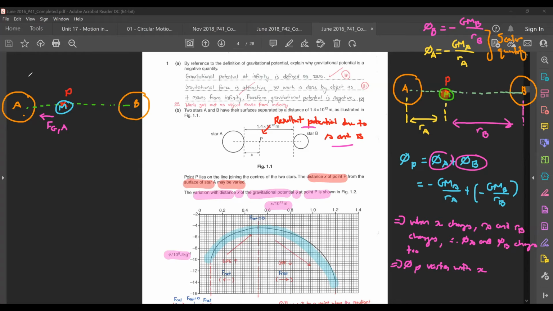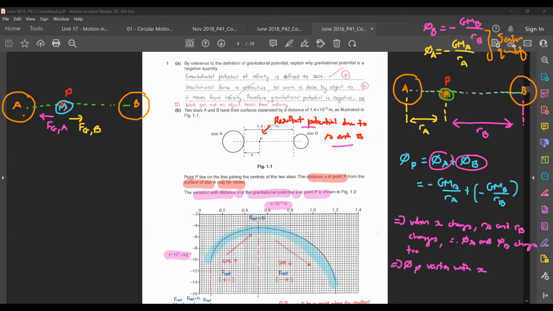But if I repeat the analysis for a different pair of masses, this one, the gravitational force on the test mass due to B will instead be in the opposite direction, meaning it will be right over here. It will be in the opposite direction, FgB.